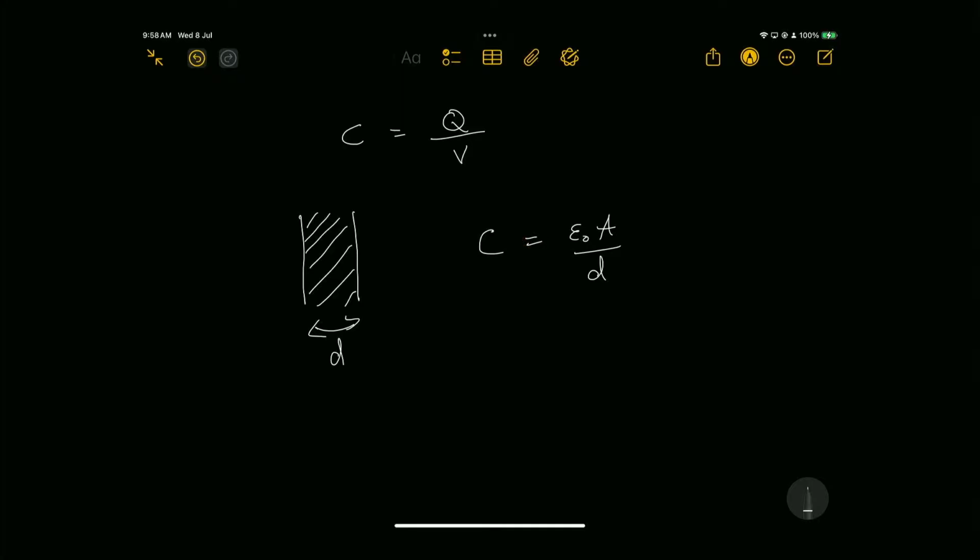Where epsilon naught is the same epsilon naught we saw earlier, A is the surface area of the plates and D is the separation of the plates. Now, if there is a dielectric medium, then the capacitance increases by a factor called kappa, right?